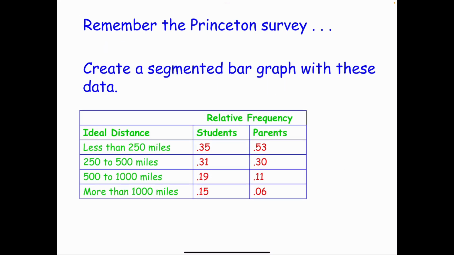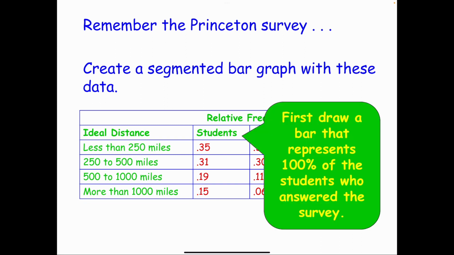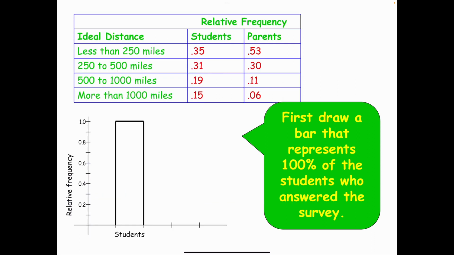So we have the same table from the previous example, and we already have our relative frequency. So let's go and draw the first bar that represents 100% of the students who answered the survey.